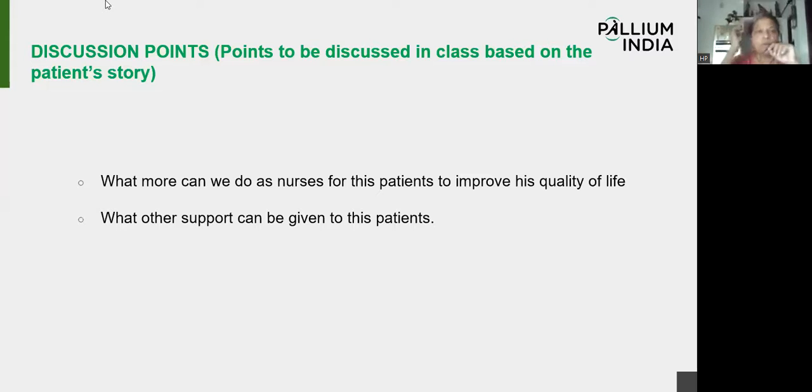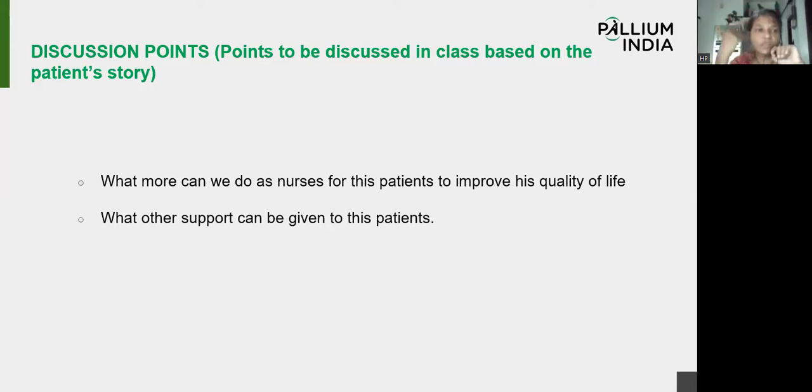Now coming back to this one. With any cancer patients, especially advanced cancers, and a patient with CA lung, usually in palliative care, when patients come with severe headache and fever, in some patients there will be confusion. The patient may even have delirium.